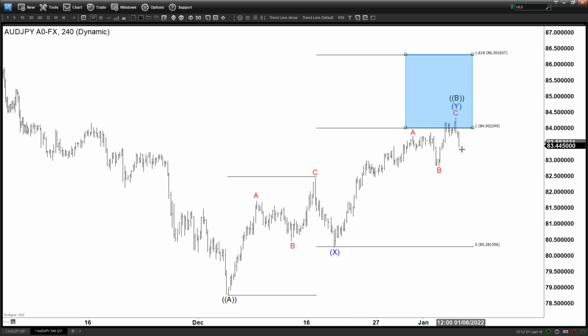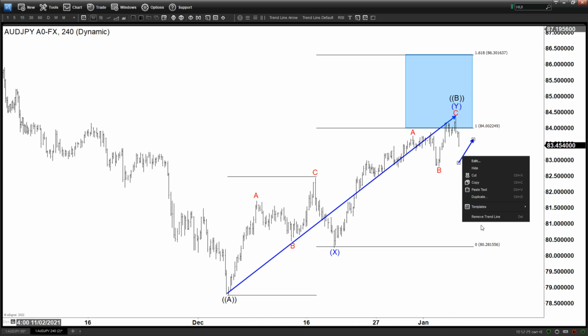I could, for example, call this 1 and this a 2 as a flat ABC. 1, 2, 3, 4, 5. I can call it a 5 ways up, and then it will do an ABC pullback before higher again, right? So the expectation then, if the cycle is finished, we can get a 3 pullback.